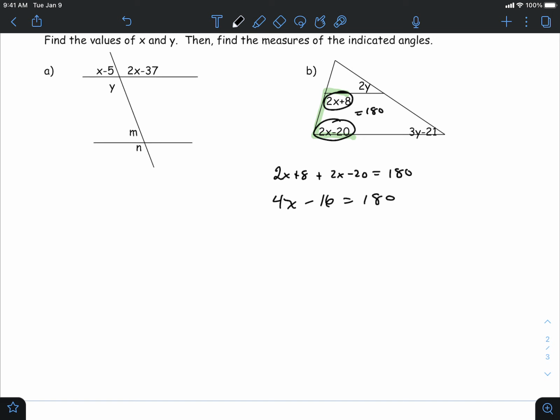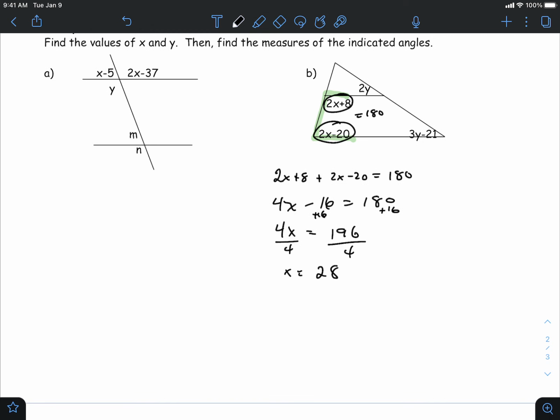It's going to become positive. So 4x plus 16 plus 16, that's going to turn into 196. Oops. Sorry, not 196. Oh yeah, I'm right, 196. And then divide both sides by 4. X should equal 28. Does that sound familiar?